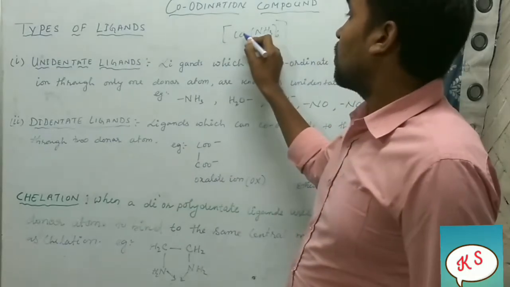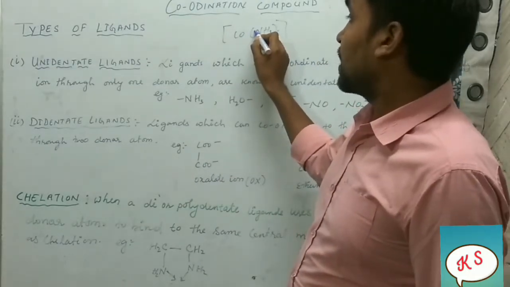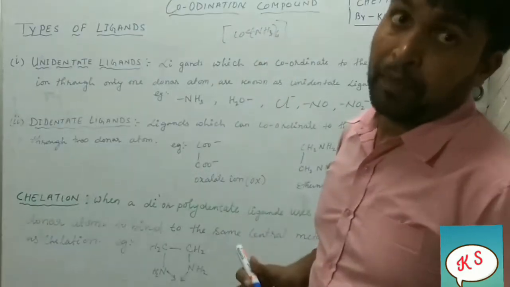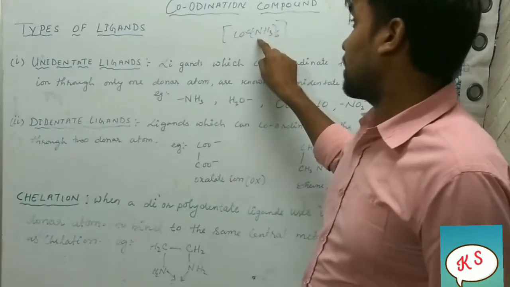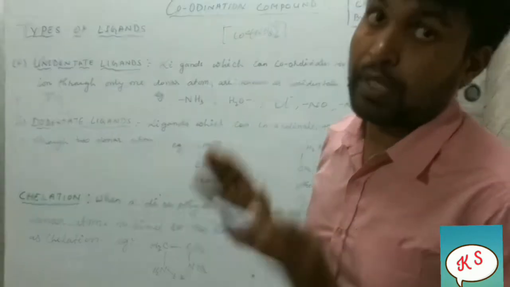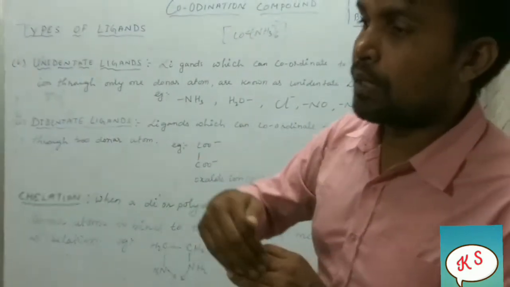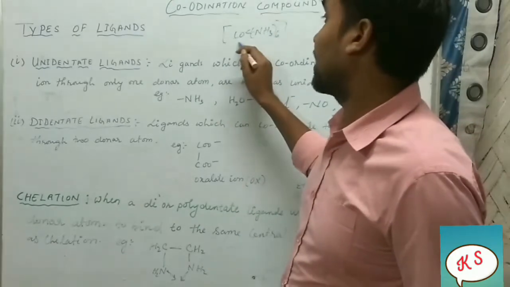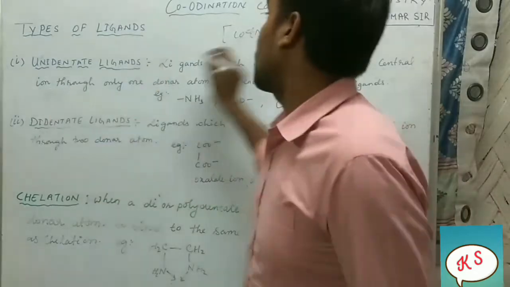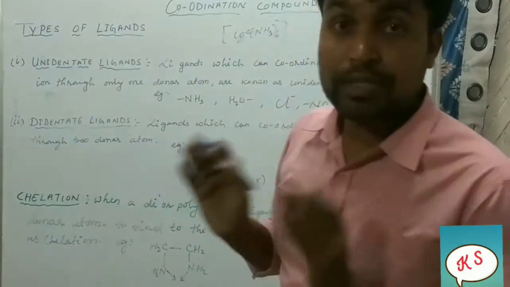So whatever bonding will be done, it will be done between cobalt and nitrogen only. Here in ammonia, N is the donor atom. N is only going to make a bond with the cobalt, which is the central metal atom, that is what we have written, central ion. So with the central ion, only nitrogen is going to make a bond.